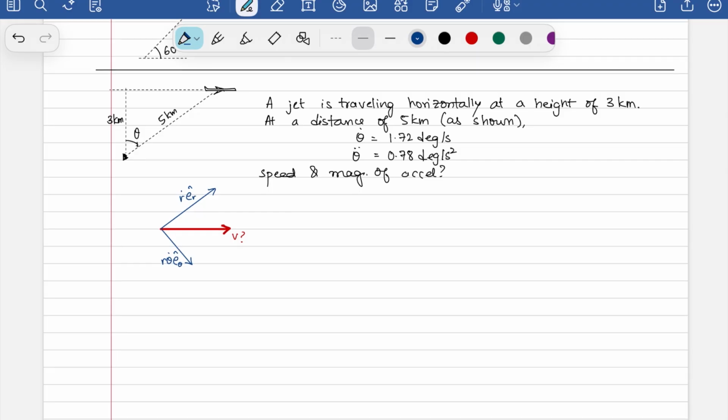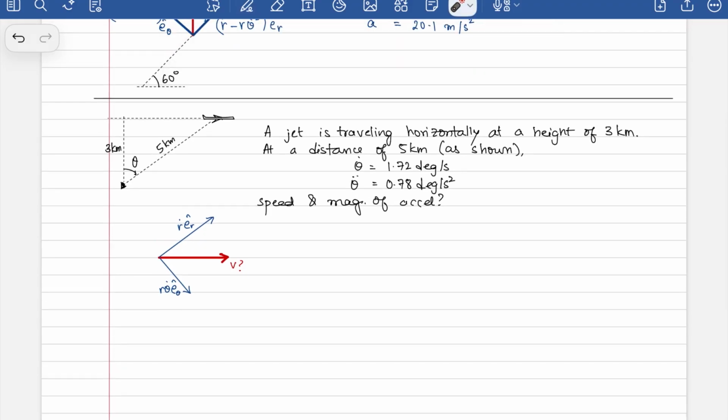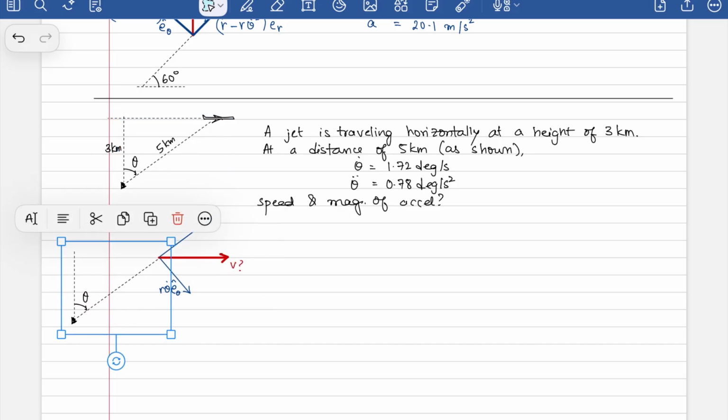Okay, that now gives you the components, but do you have the angle available to you? This theta over here is either here or here, right? Which one is it? Let's just copy this here so that we have it readily accessible.